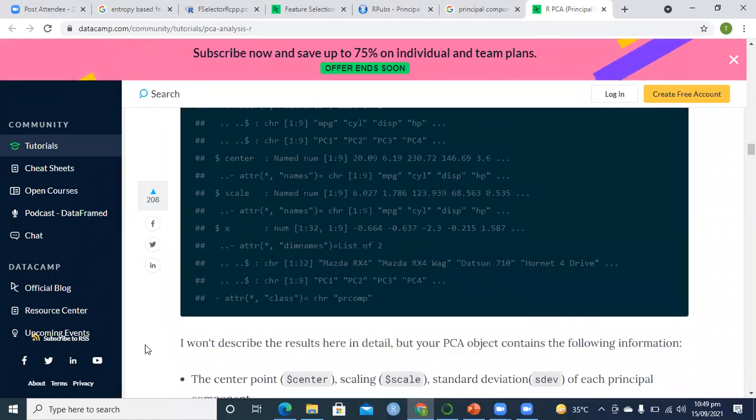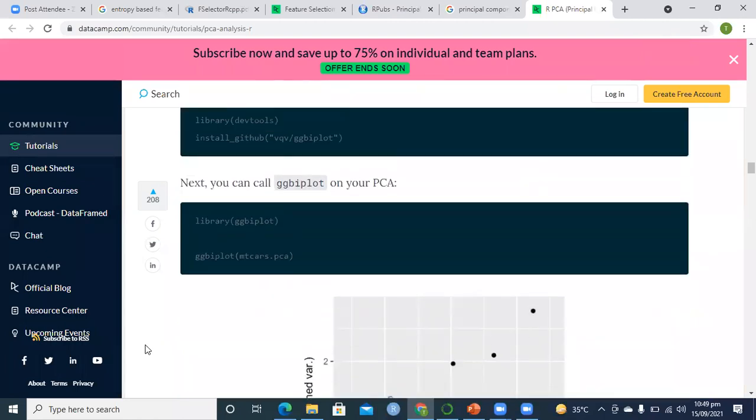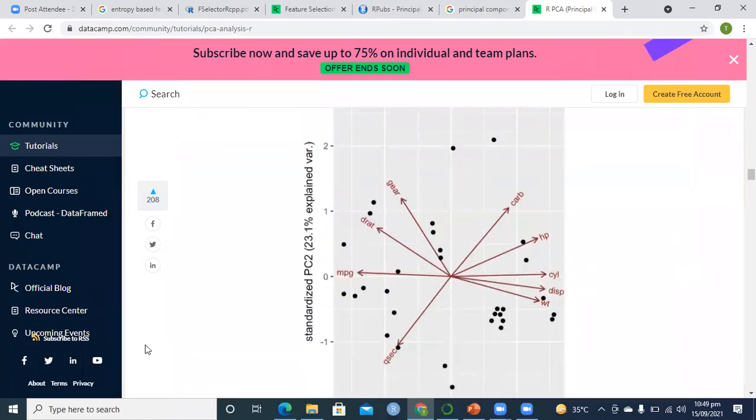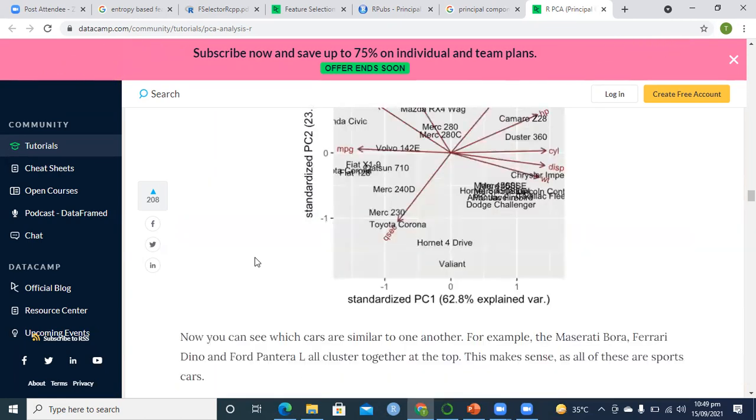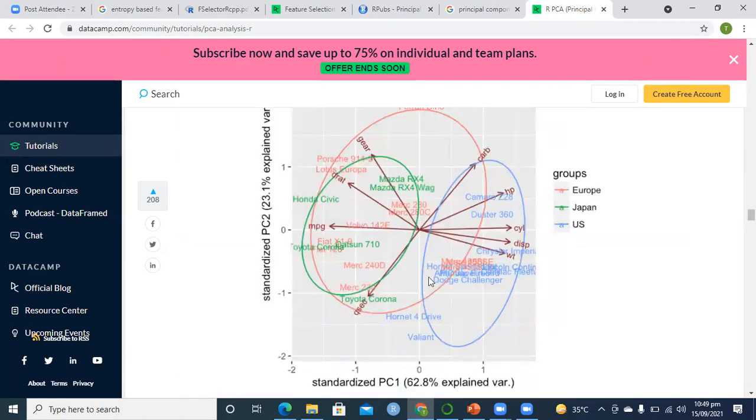In a similar way to what we have seen, you can do this ggplot of principal component 1 and principal component 2. Yes, it is showing 3 clusters over the PC1, PC2 dataset.